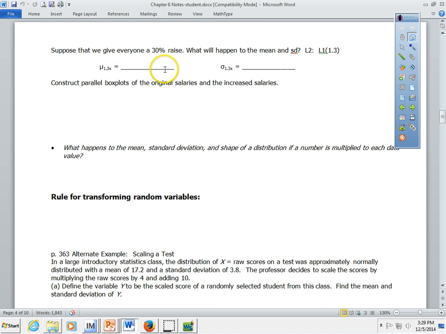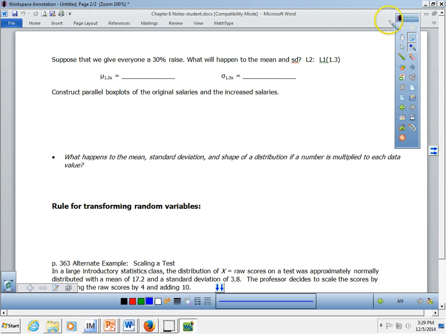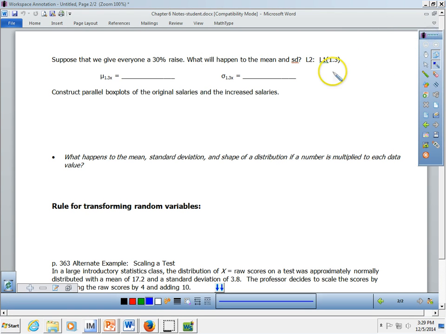And then the next section of these notes talks about what would happen if, instead of giving everyone a flat dollar amount raise or cutting their pay, you gave everyone a 30% raise. You have to remember that whatever their salary is, if they get a 30% raise, it's the same thing as multiplying it by 1.3, right? That's 30% more than what they were making.